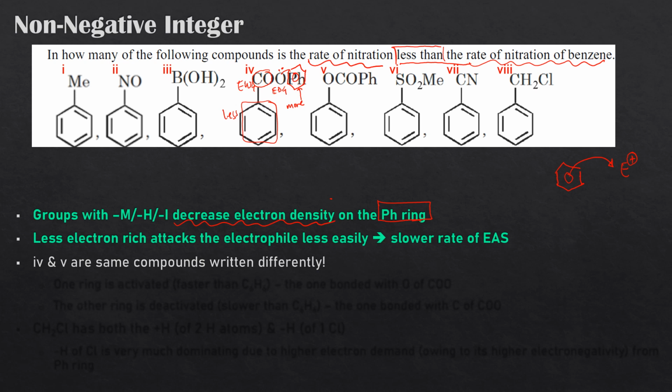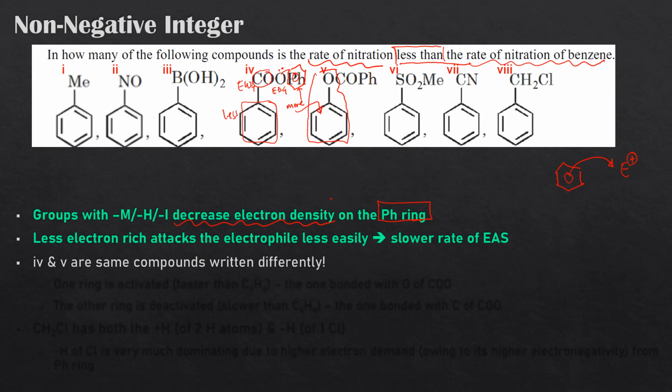And in the second case, over here they have done the same thing. This ring is written so that it is basically the same as that. So they have written the compound in a different fashion, and if we don't realize that, the other phenyl group is going to be faster, because they asked in which case the rate of reaction will be faster.